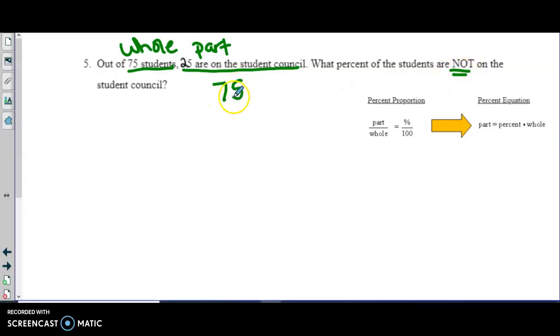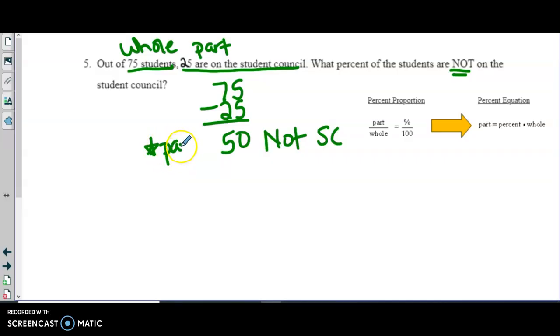So before we even write our equation, we need to take our total and subtract off the 25 that are on the student council to figure out how many are not on the student council. So this is actually the number that we're going to use for part. We're not going to use 25 because that's not what we're dealing with. We're dealing with the numbers that are not.